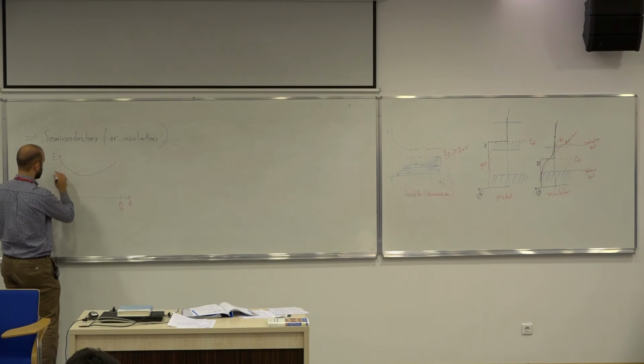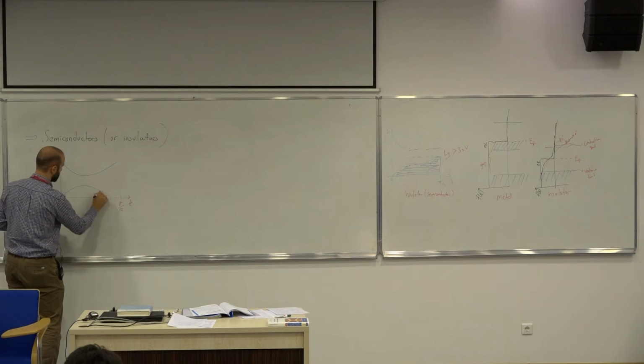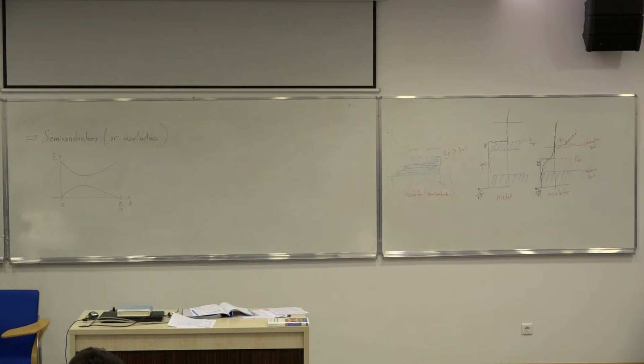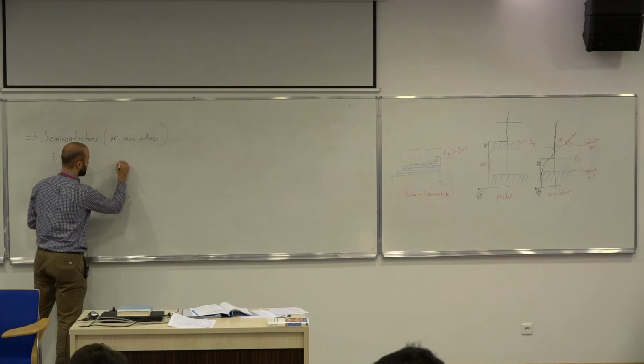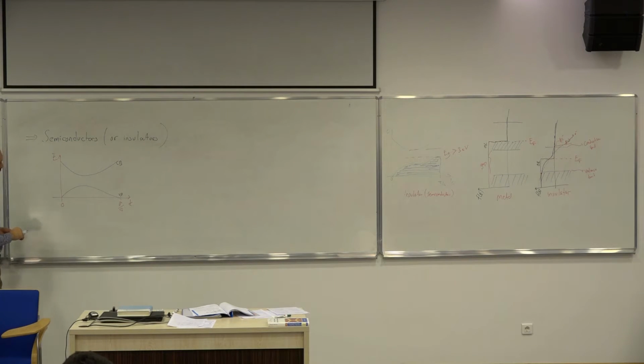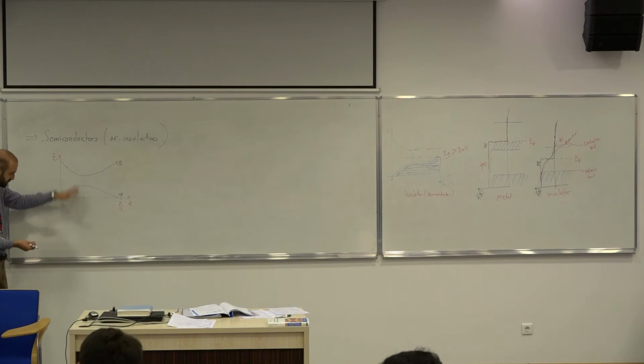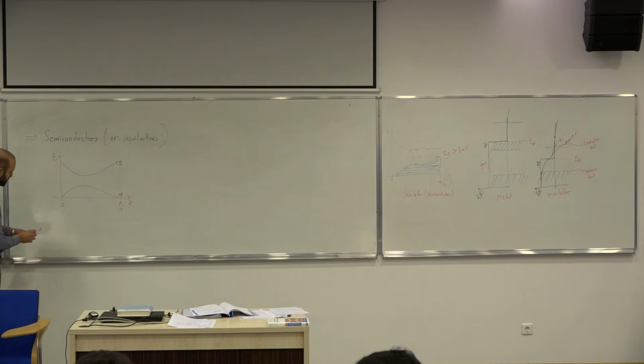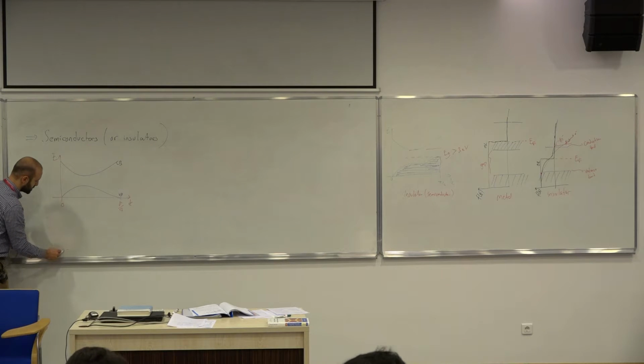It doesn't have to be like this, but let's have it this way. So if, again, this is the conduction band, this is the valence band. Okay, it's not necessarily zero value. I may have lots of different bands at lower energies. I can define my E equals to 0 level here.